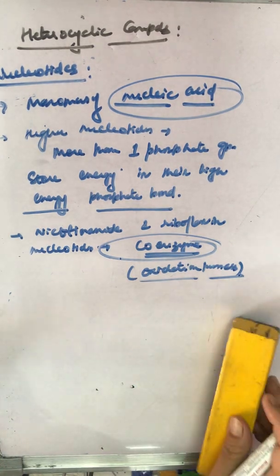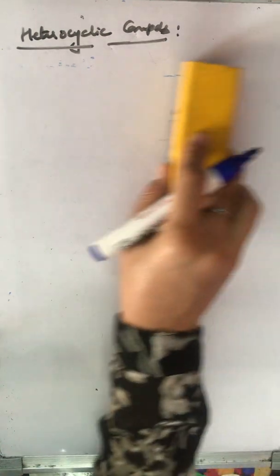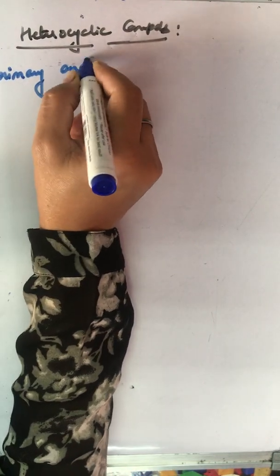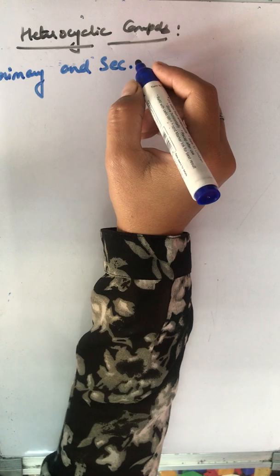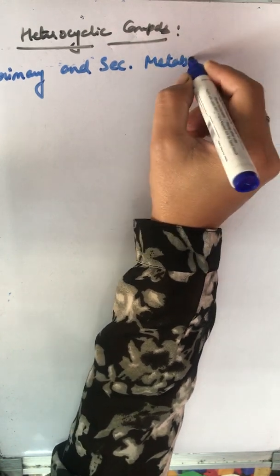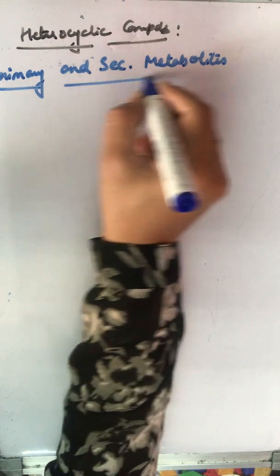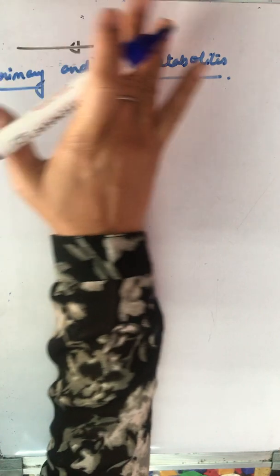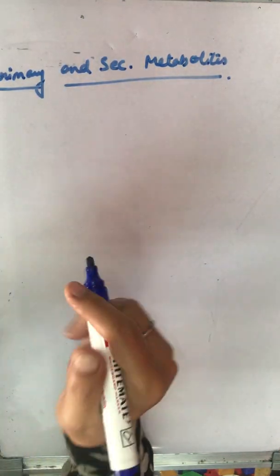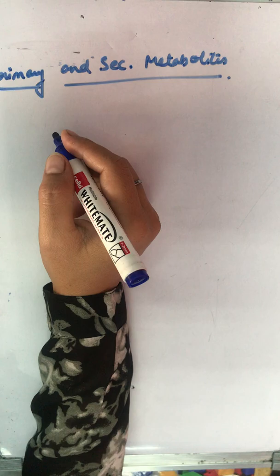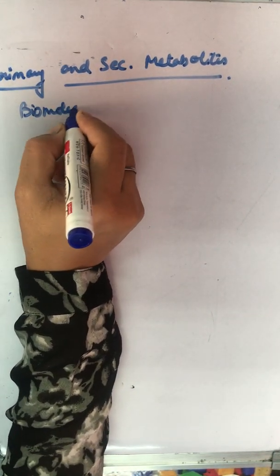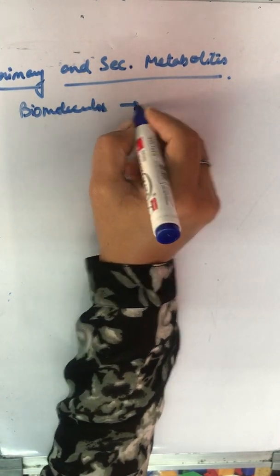Then primary and secondary metabolites, moving to an altogether new topic. Primary and secondary metabolites mean the biomolecules which are basically found in living cells.